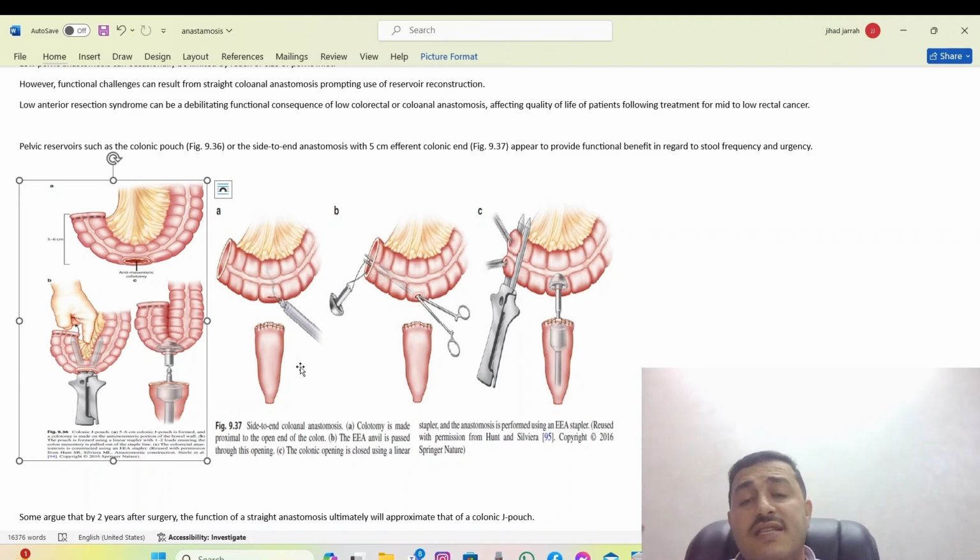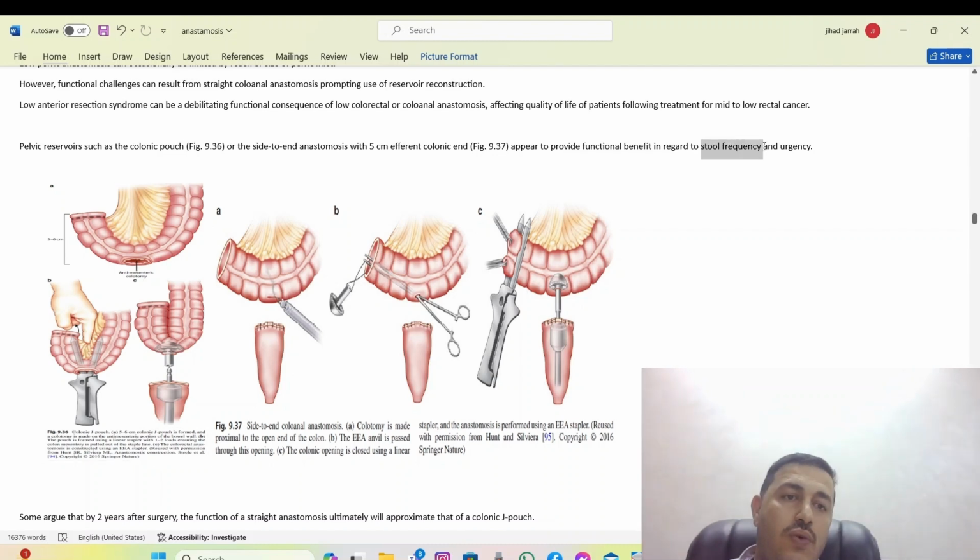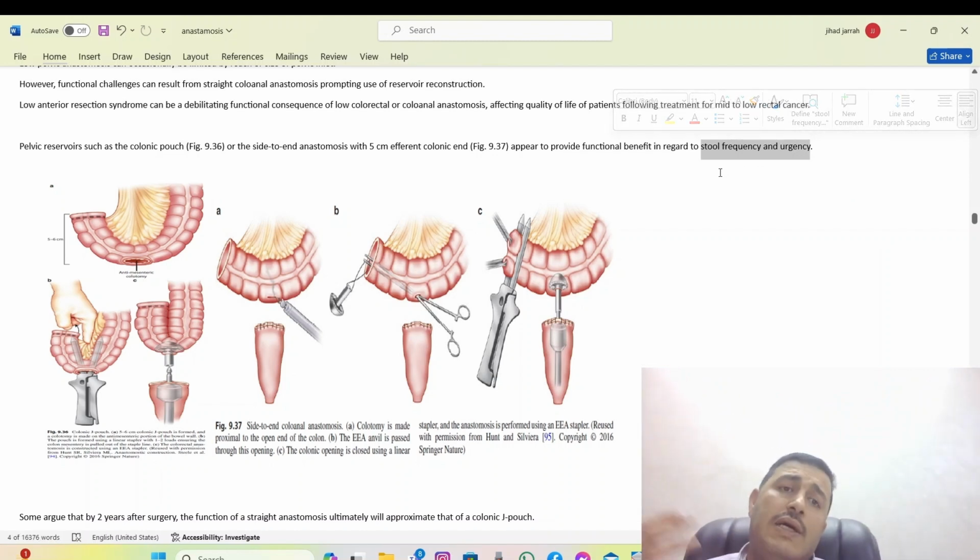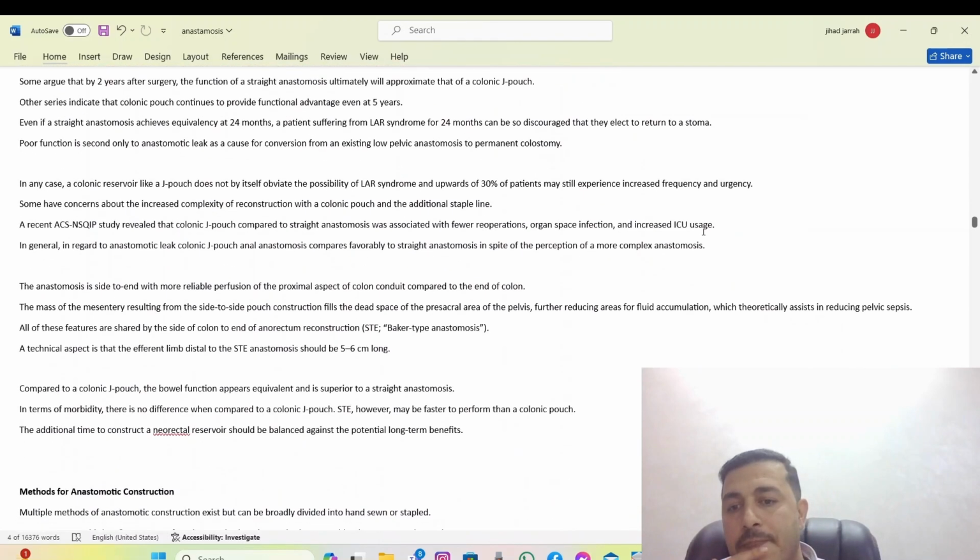But accommodation regarding what? Regarding stool frequency and urgency. This is the Al-Jarrah syndrome. We are going to talk about it separately. But the patient suffers for 2 years until accommodation happens. This is not a reason to construct a low end-to-end anastomosis, such as a coloanal anastomosis.